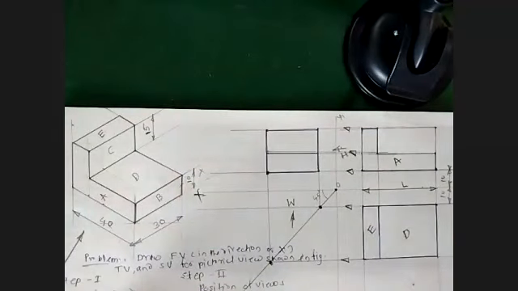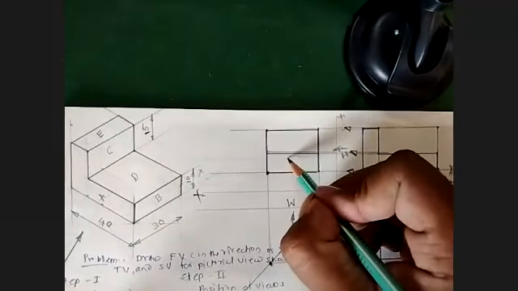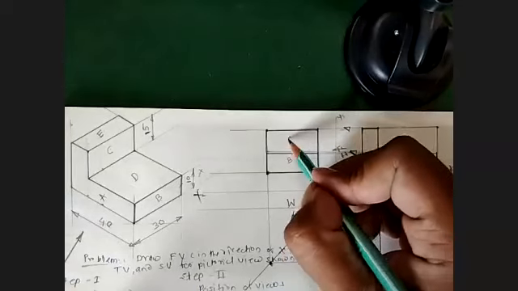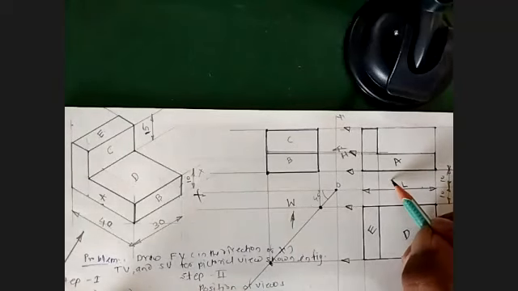So this is the surface B and C, right? So this one is the front view.